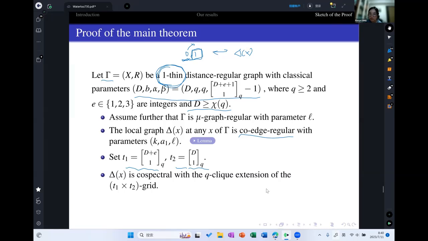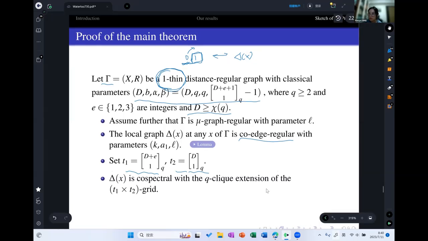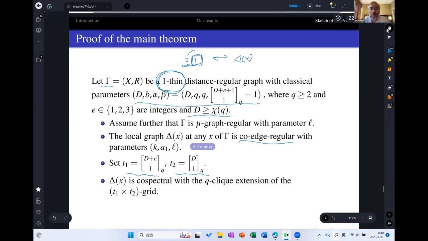You mean here the diameter? Yeah. So you have this assumption, D at least chi of Q. Maybe with some more work, you can remove that assumption.